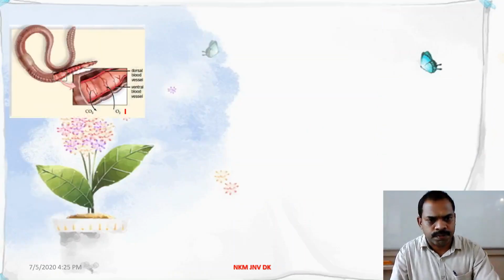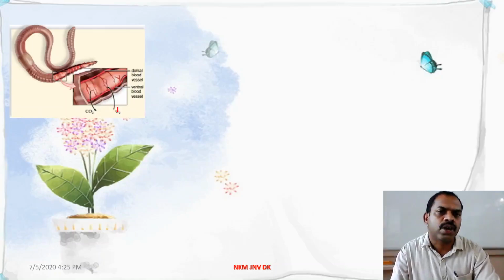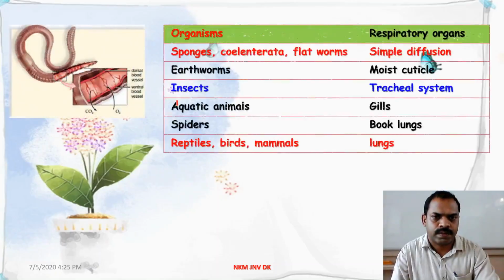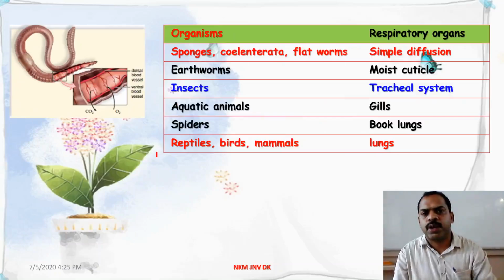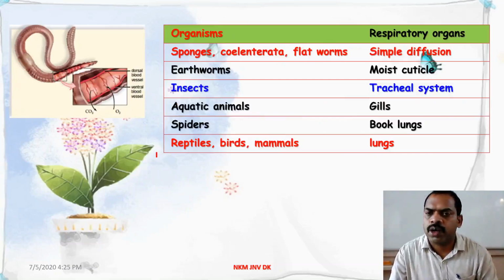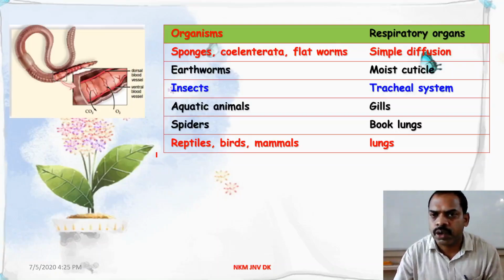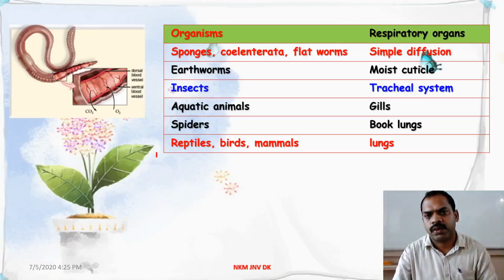See, in earthworm, they have a moist skin or cuticle for exchange of gases. So let us see this table of organisms and their respiratory mechanisms. The sponges, cnidarians, flatworms.